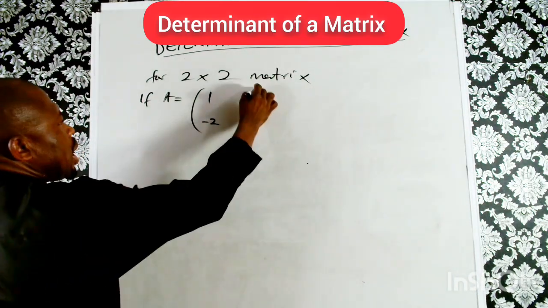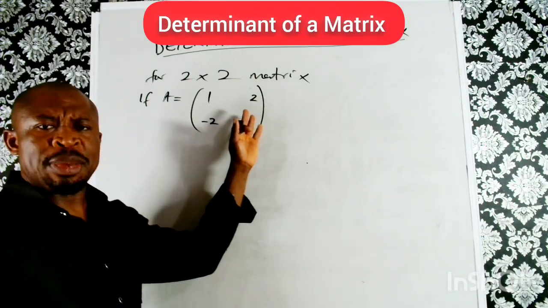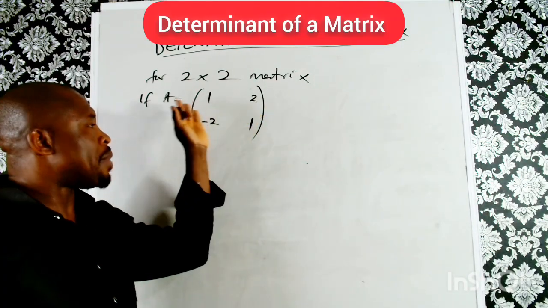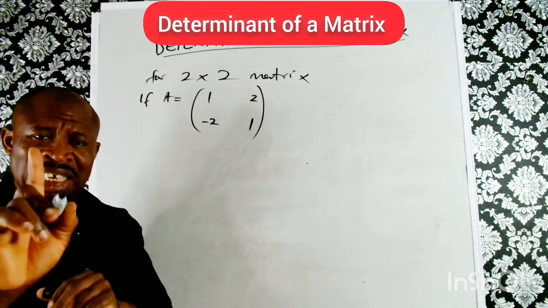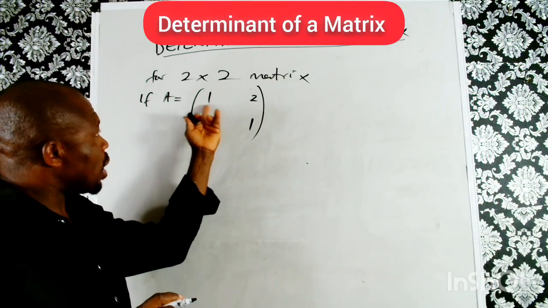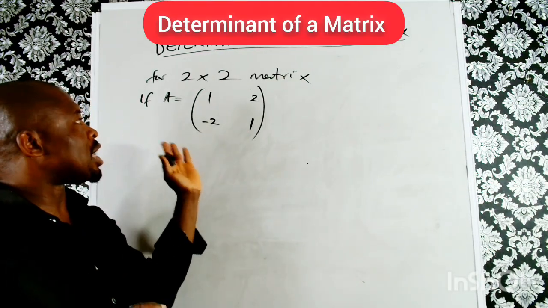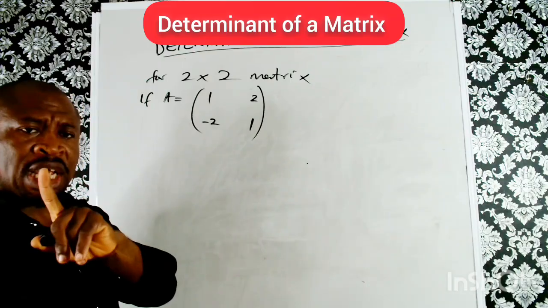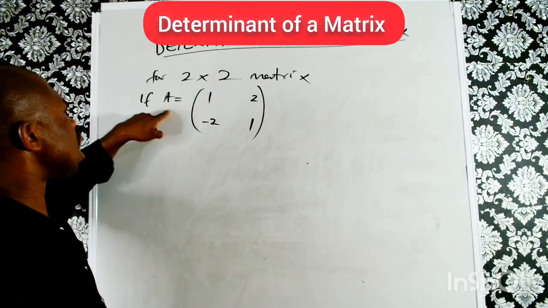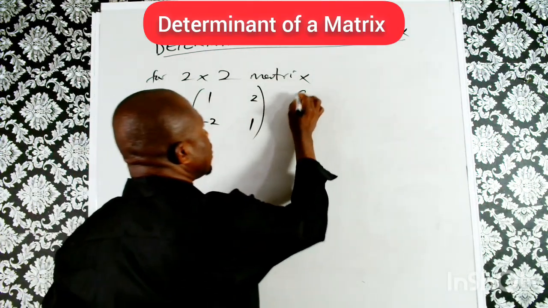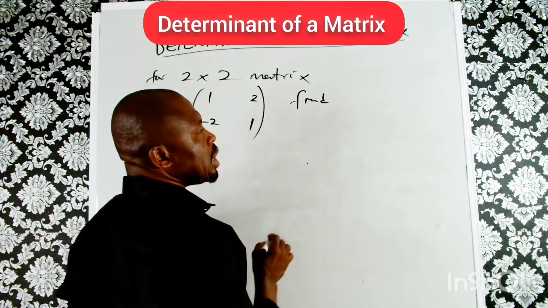Now, how do we find the determinant of this matrix? Of course, like we said, just a single value. At the end, the determinant will give you just a single value. So if A is this, now find the determinant.